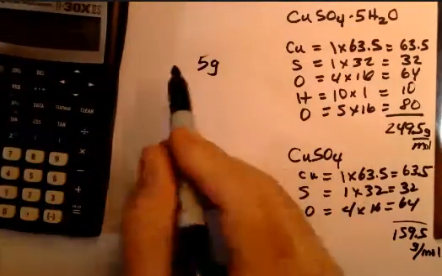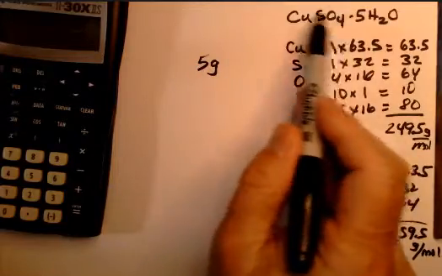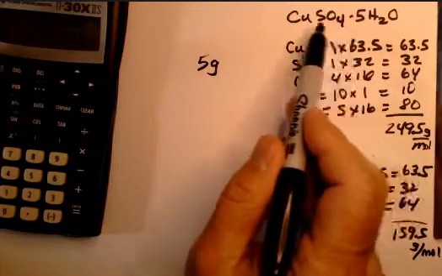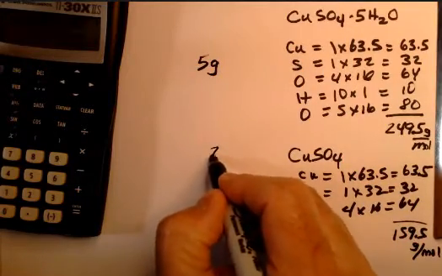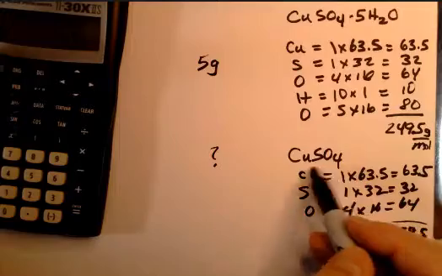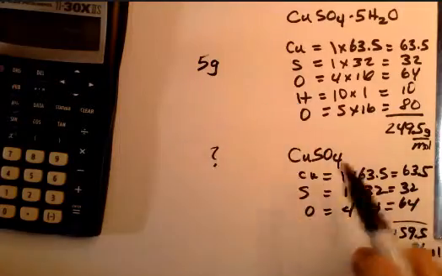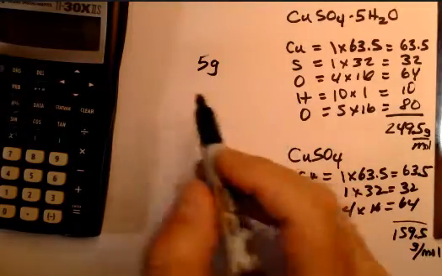So let's say that I measured out 5 grams of this. It's a beautiful blue crystal. And I wanted to know what part of that 5 grams is the copper sulfate. Well, I just set up a simple ratio.